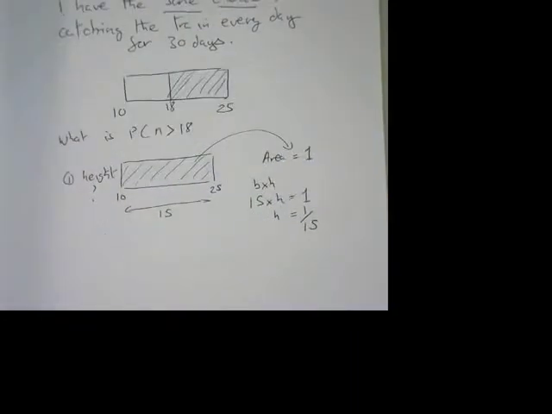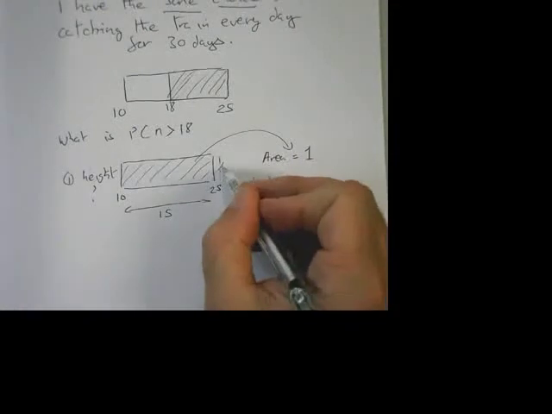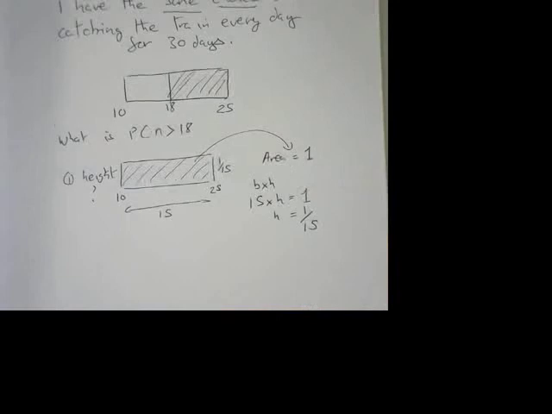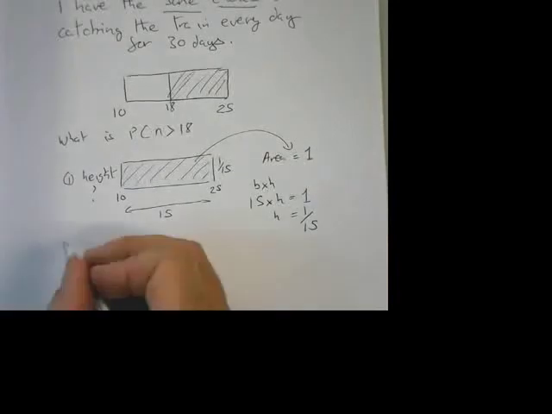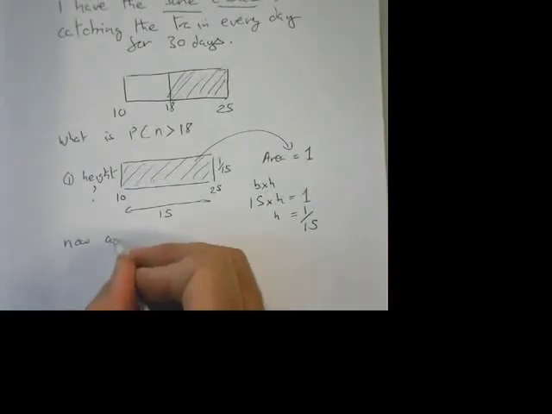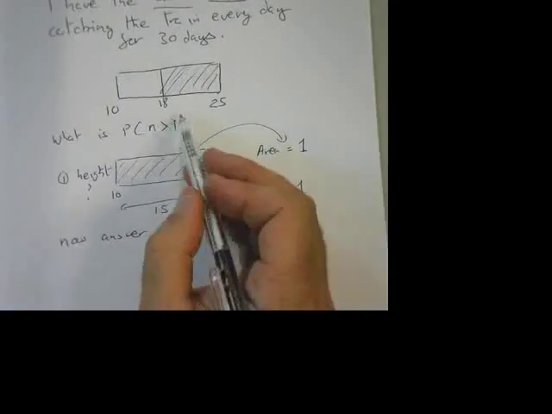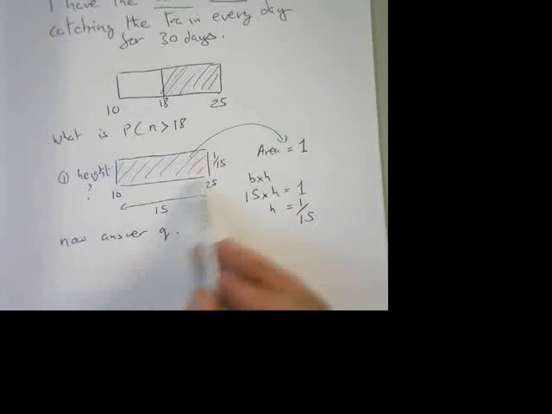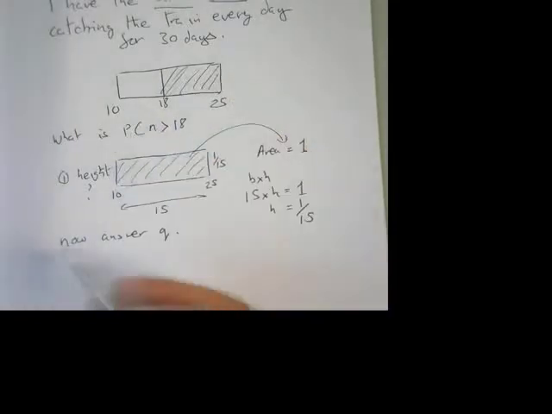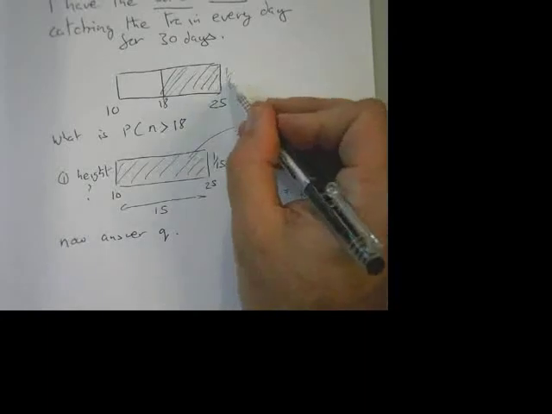Does that make sense? Now, if the height's 1/15, and we've got that now, okay, now we can work out the answer to the question. So, if the height of this rectangle is 1/15, then the height of this rectangle is also 1/15 because it's the same rectangle. Okay, so we now know that that's 1/15 there.